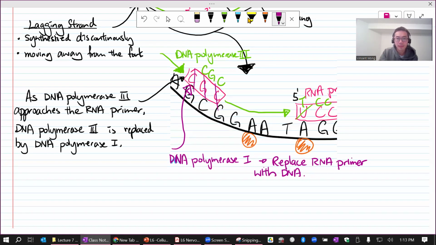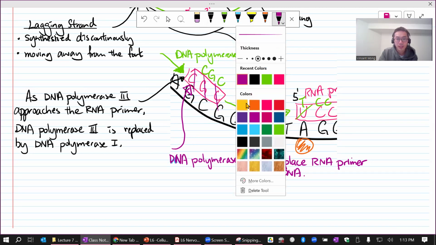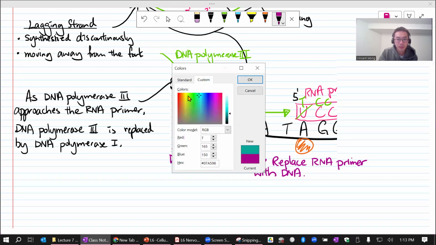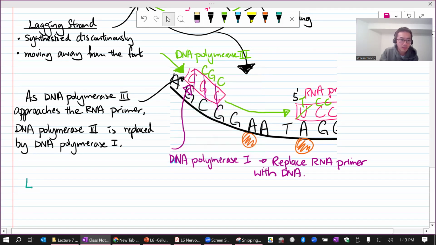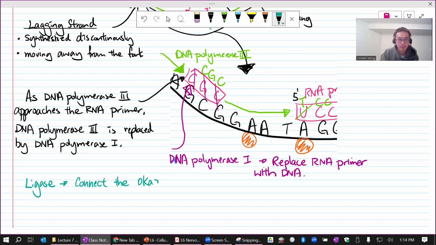Last but not least, okay. Totally running out of color here. I guess it doesn't really matter. Let's choose something else. So in the end, we have something called ligase. Ligate means to connect, right? So ligase is an enzyme that glues things together. The ligase is going to connect the Okazaki fragments. Right?